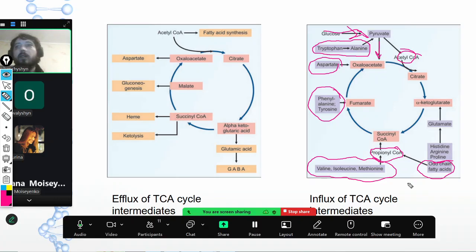Let's say that if you have an odd chain fatty acid, our enzymes are performing all the reactions on fatty acids by manipulating 2 carbons at a time. So when you have an odd chain fatty acid, you do all those manipulations, and at the end you are left with a molecule that contains 3 carbon atoms.